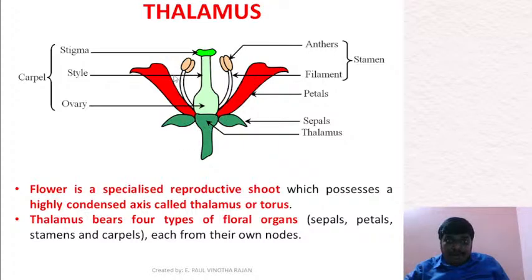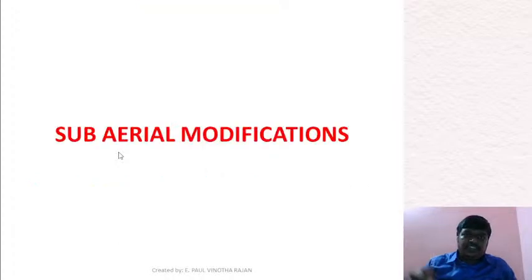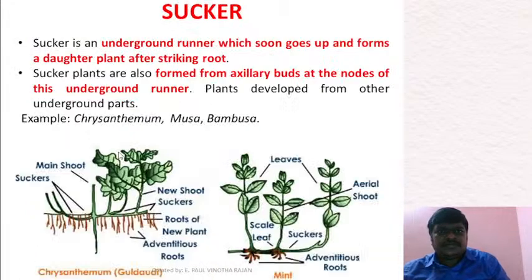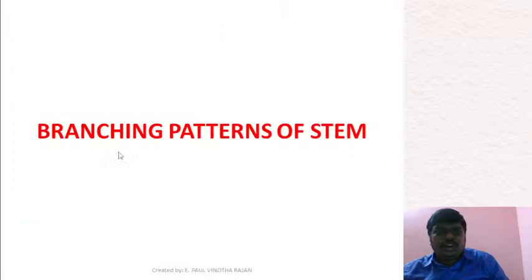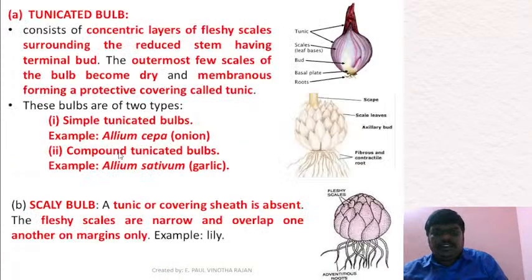In that, four parts are there. What are the four parts? You can see sepals, petals, stamen, carpel. These four parts are arranged in the thalamus. This is another modification.